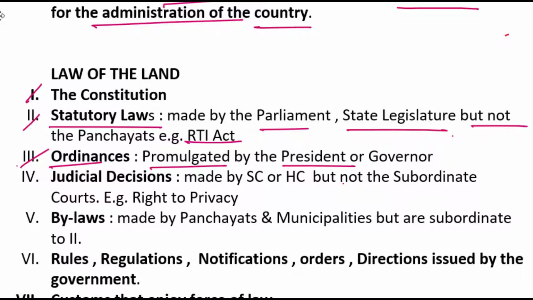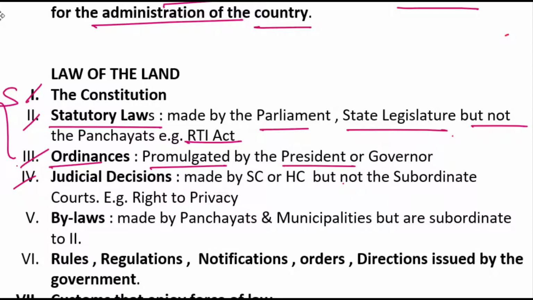So far we have seen three of the laws, but what if there's a confusion, if the law made is not clear, if it is vague, then who would interpret such law? Well, the power to interpret the law is bestowed on the judiciary.